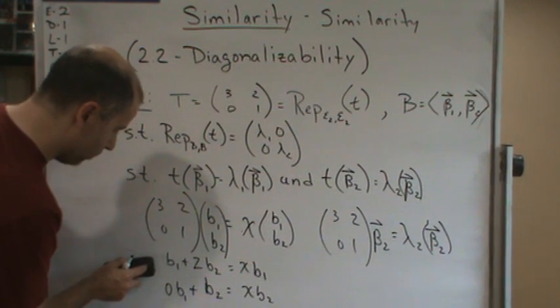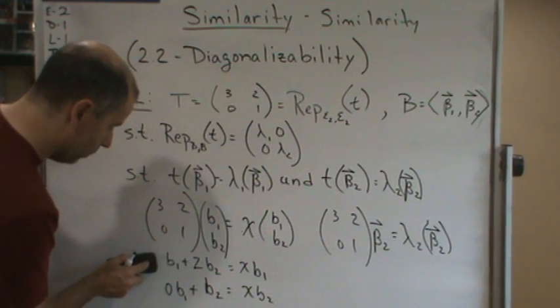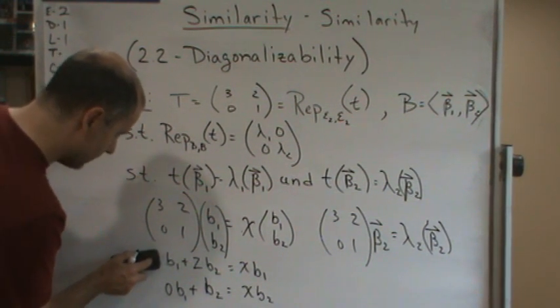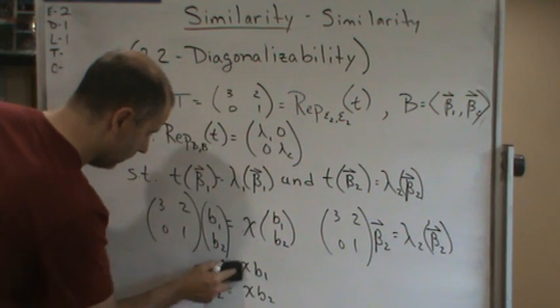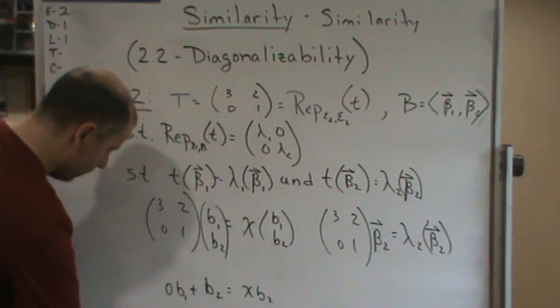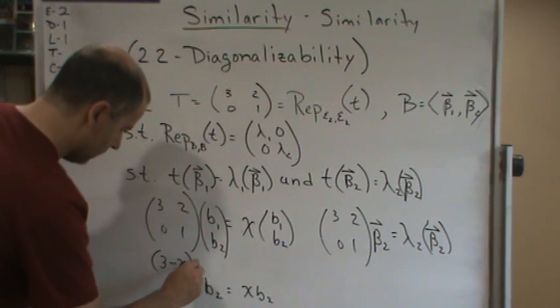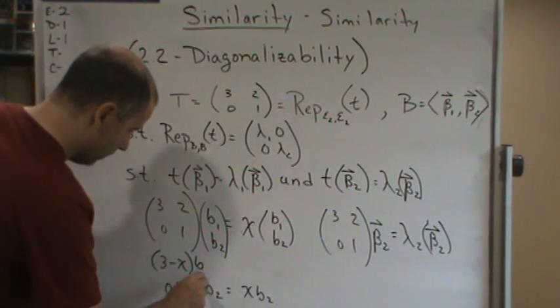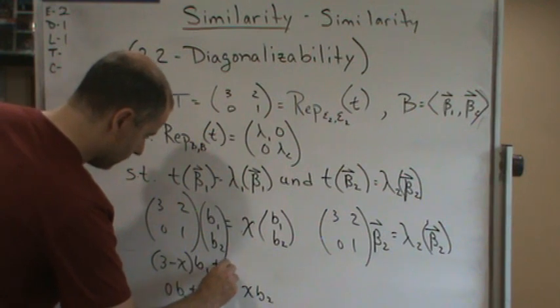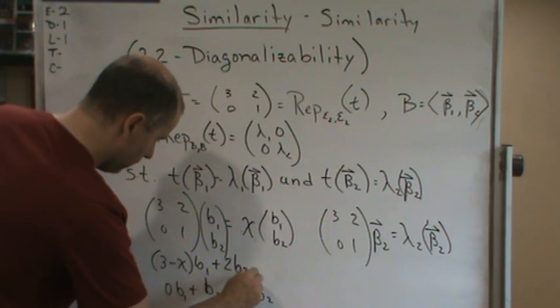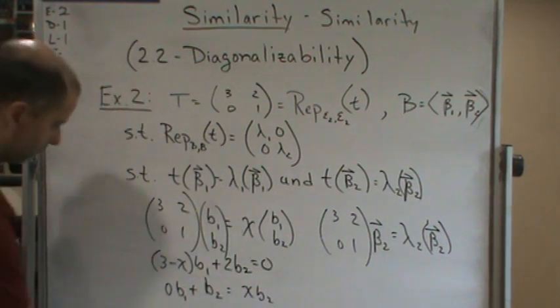So this will be 3 minus x times b1 plus 2b2 is equal to 0.